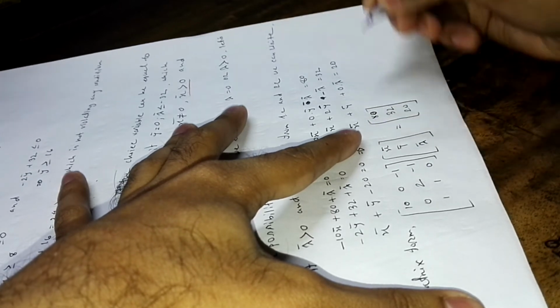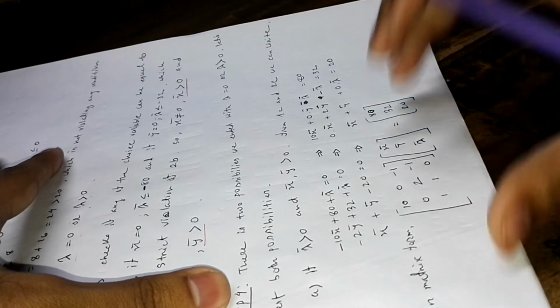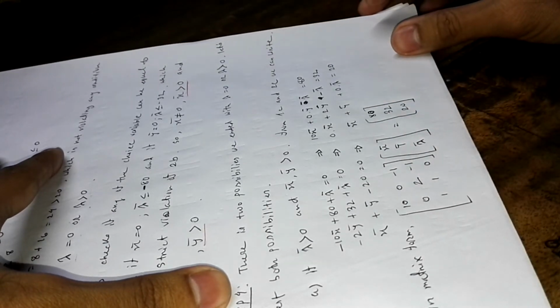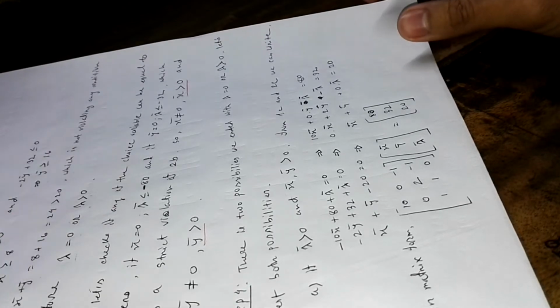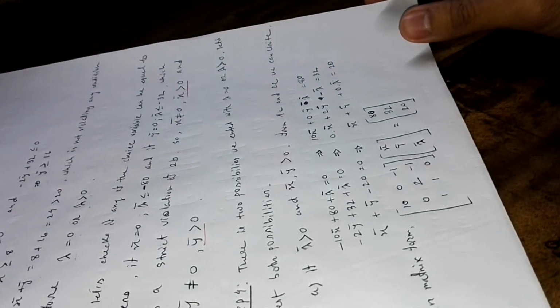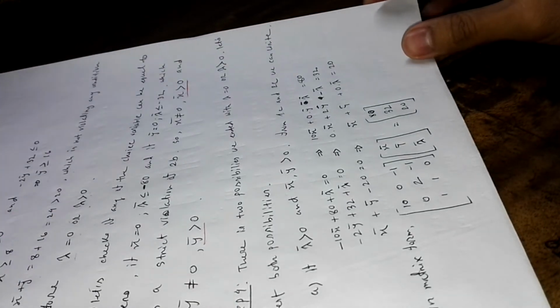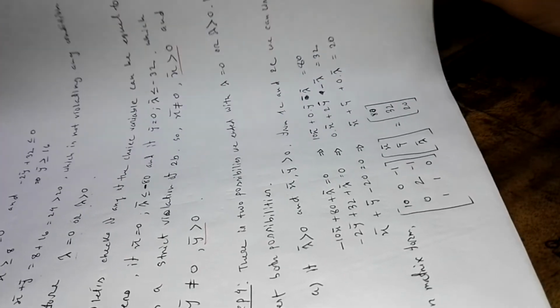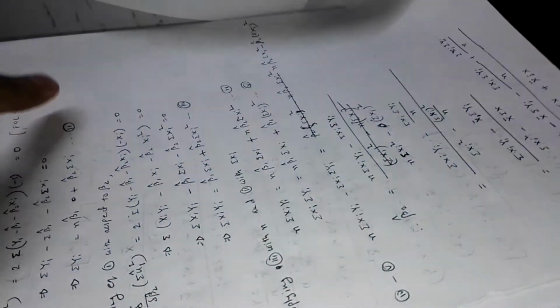So this is the matrix formation we have decided. So we have to solve this problem through Cramer's rule. Let's solve this problem again. Okay, so I'm sorry, I'm changing page.